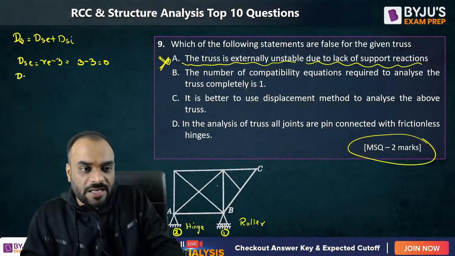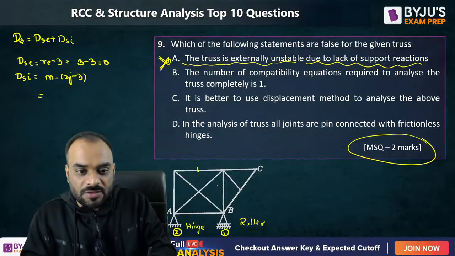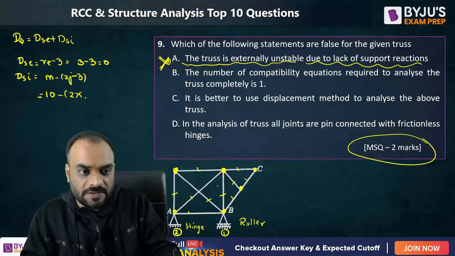Okay, let's calculate DSI. M minus 2j minus 3. So total number of members, 1, 2, 3, 4, 5, 6, 7, 8, 9, 10. 10 members are there. How many joints do we have? 1, 2, 3, 4, 5, 6.